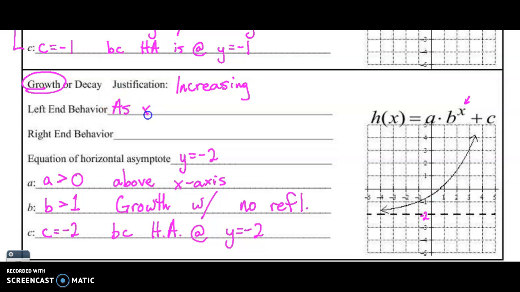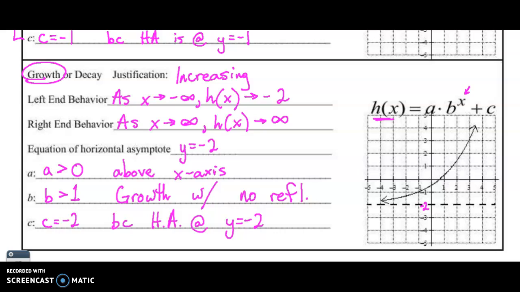Okay, well as x goes to negative infinity, h, the name of this graph, is getting closer and closer to the horizontal asymptote of negative 2. And as x goes to positive infinity, infinitely to the right, h is also going infinitely up. So that's why they're both the same.